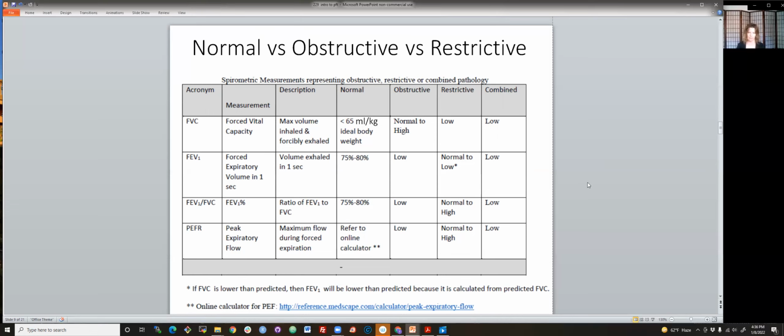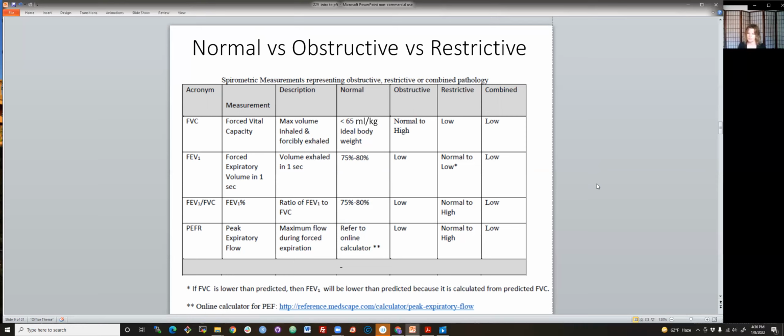This is the amount of volume somebody can exhale in 1 second. We expect somebody with normal lungs to be able to exhale 75 to 80% of their vital capacity within that 1 second. If that's not happening, if it's lower than normal, then they have an obstructive disorder.